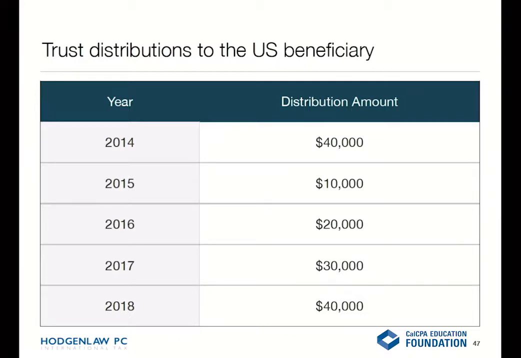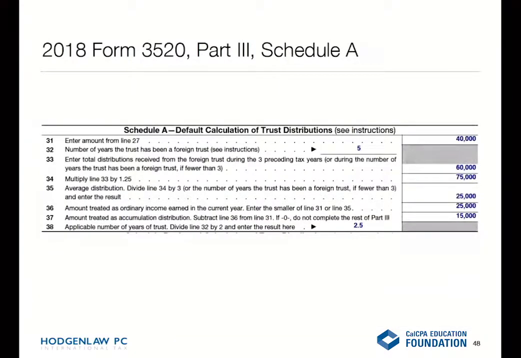So, first of all, our assumption is that they did not receive the beneficiary statement, so they're using the default calculation. So first thing they do, they enter the amount from line 27. That's going to be the current year distribution amount, or $40,000. The foreign trust has been a foreign trust for 5 years, so we put 5 on line 32.